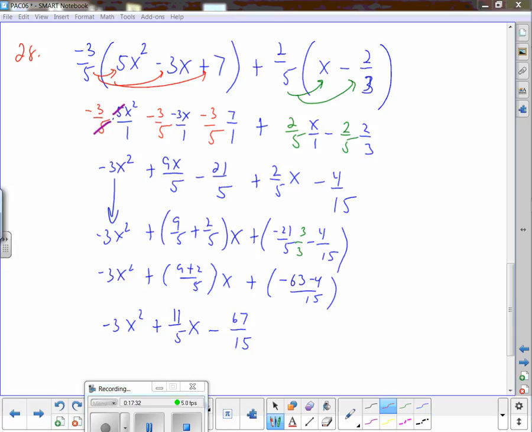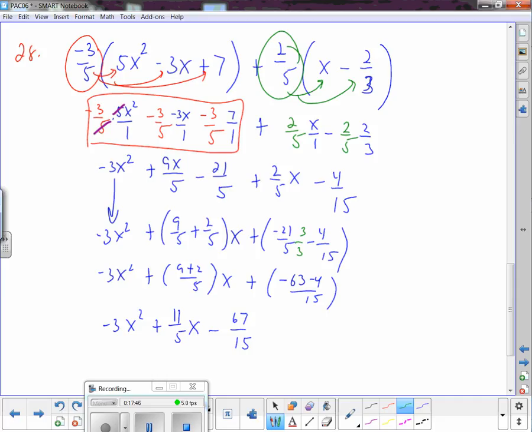Okay, so in this problem, first thing you had to do was distribute, which means you had to distribute the negative 3/5. Just watch. You don't need to write it. The negative 3/5 to every term, and that's what I did right here. I also had to distribute the 2/5 to both terms, and that's right here. So now I had to see what all that stuff was.